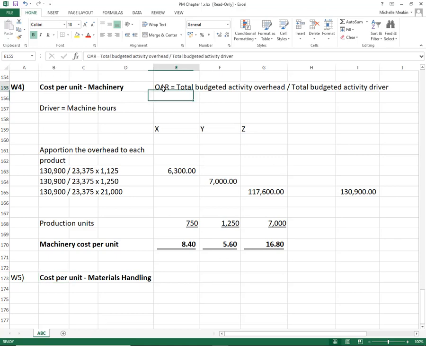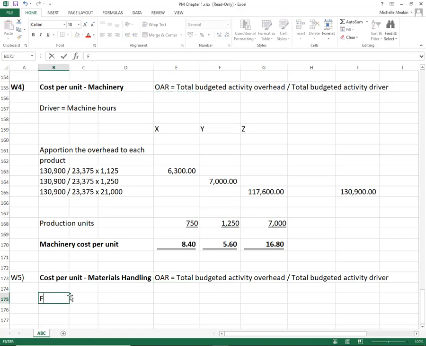Again, I'm going to work out an OAR based on that activity. And again, I'm going to think about what drives that activity. In this question, the driver is likely going to be movement of materials.